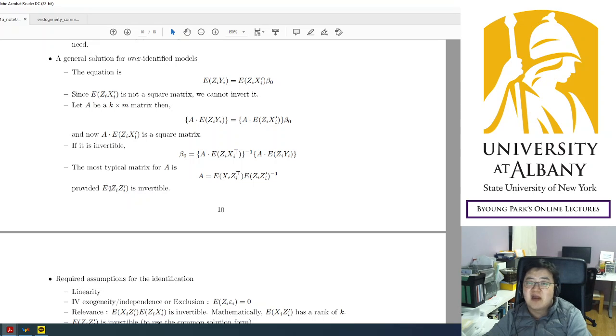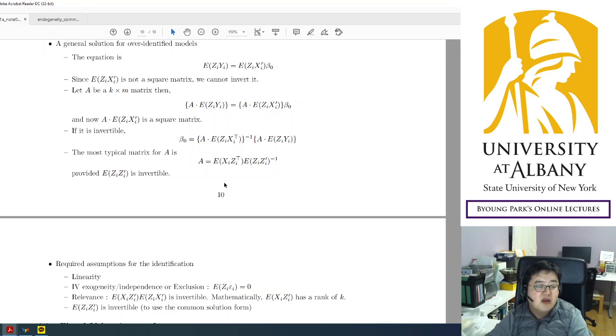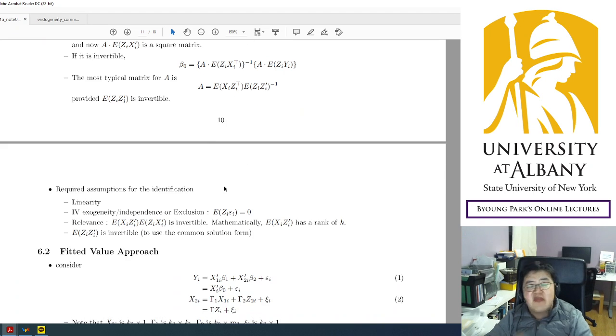It's exactly the full rank condition. If you remember, in the classical linear regression model, the full rank condition is that the expected value of x prime x is invertible, and you are replacing that with the expected value of z prime x. Exactly the same rationale. In the end, the required assumptions for identification are the linearity assumption, which is obvious, and instrument exogeneity.